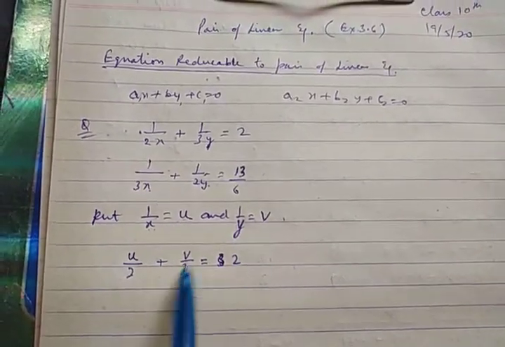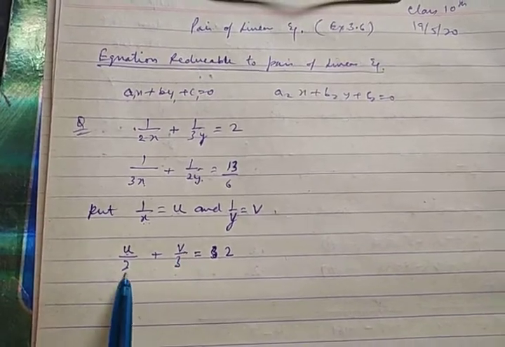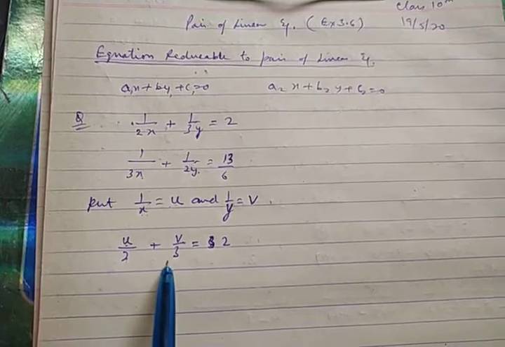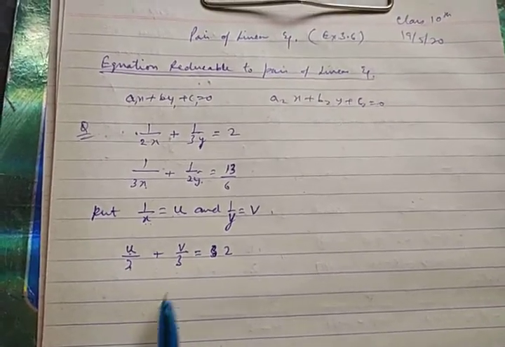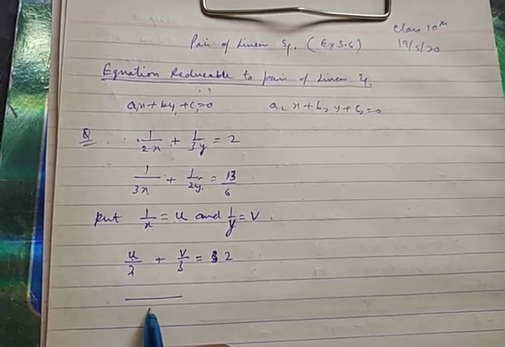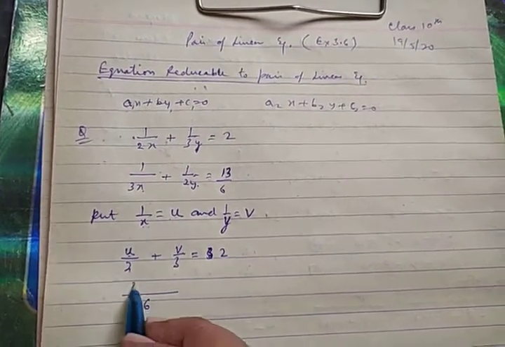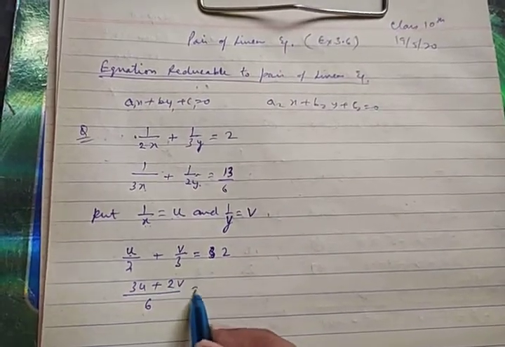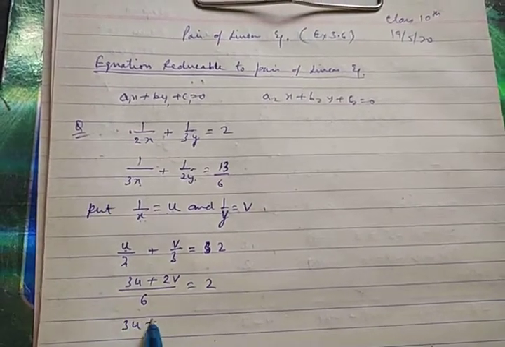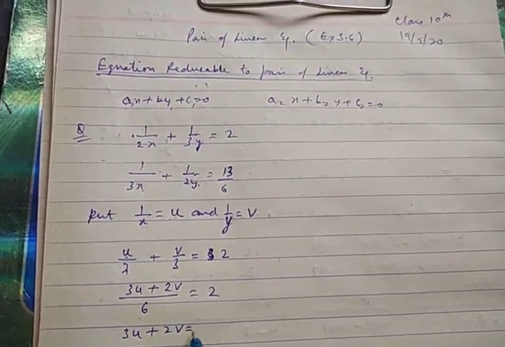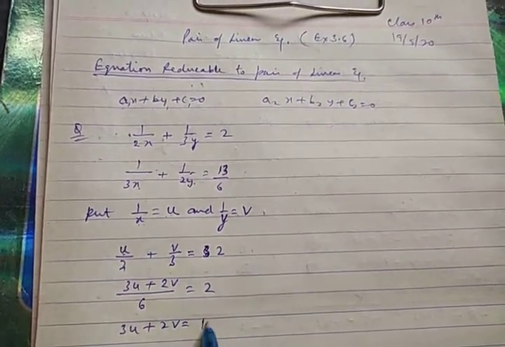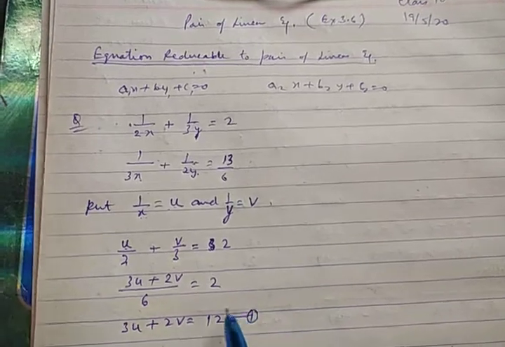Now the variables u and v are in the numerator, and in the denominator only digits are there. These can be solved by taking the proper LCM. The LCM will be 6, so this will become 3u plus 2v is equal to 6 times 2, that is 12. You can take this as equation 1.